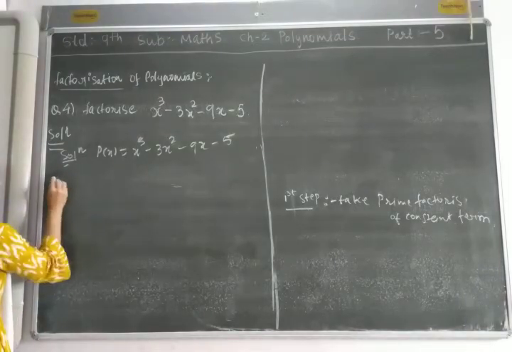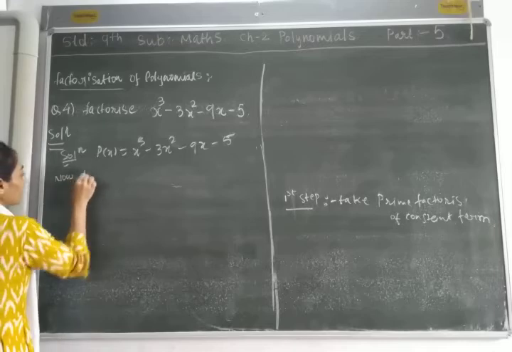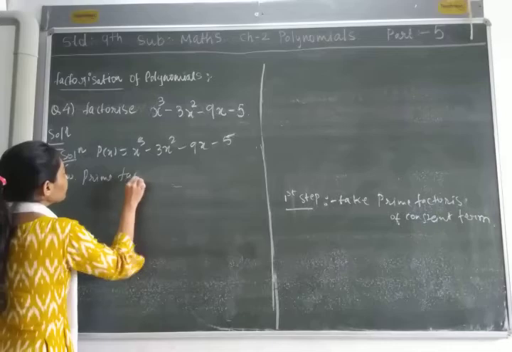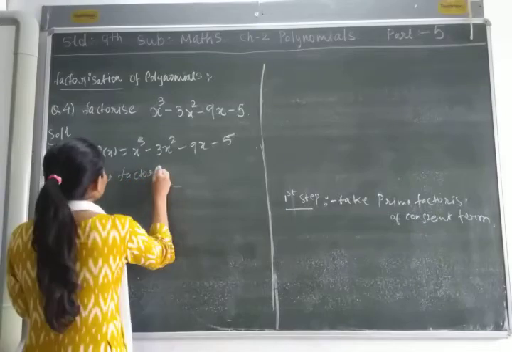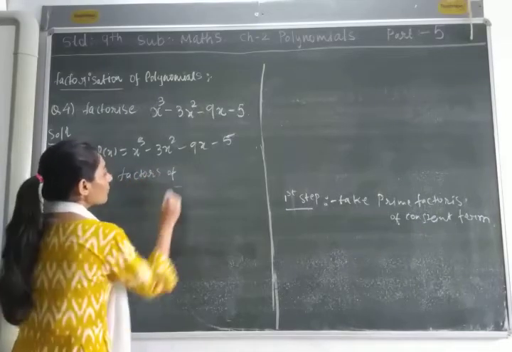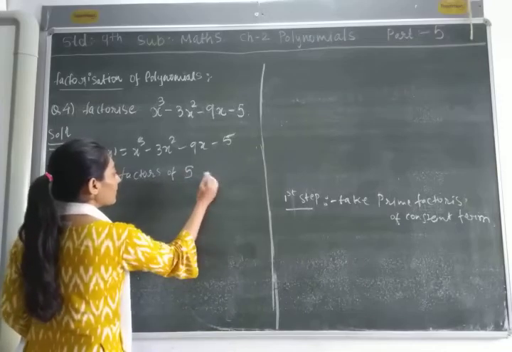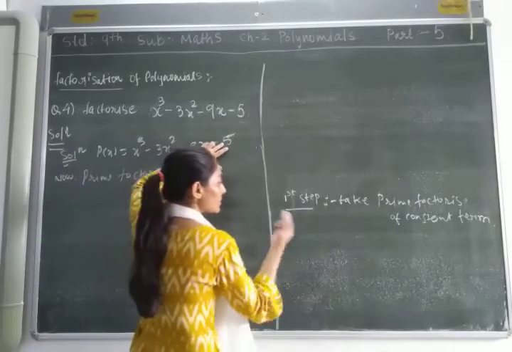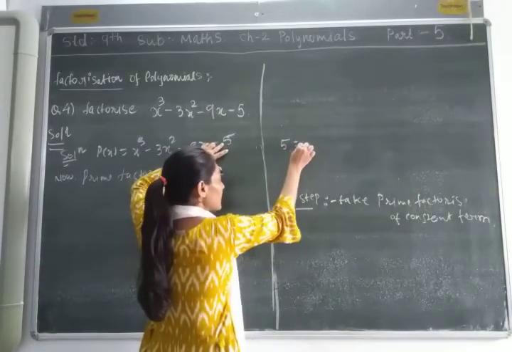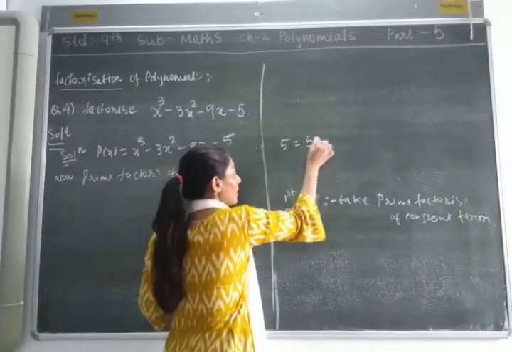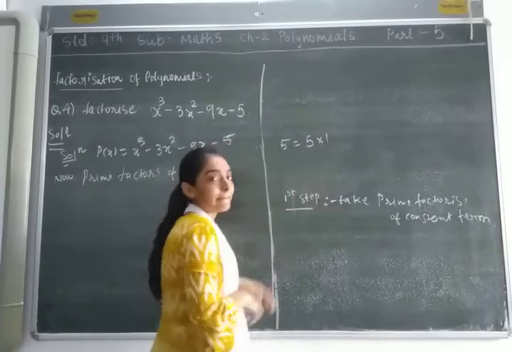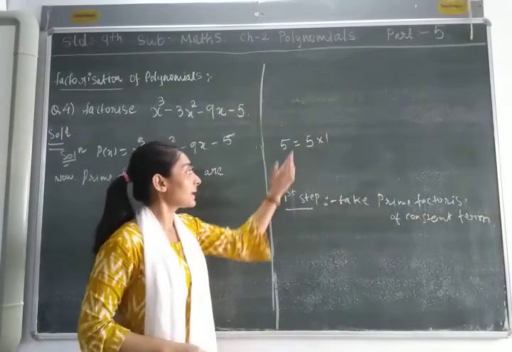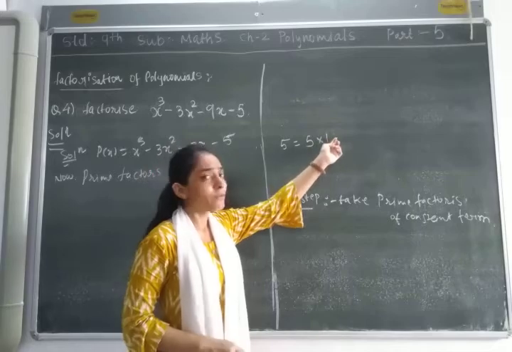So now the prime factors of 5. The prime factorization of the constant term: 5 is my prime number. It can be 1 or that number only. So which number do we have to take? Either 5 or 1.